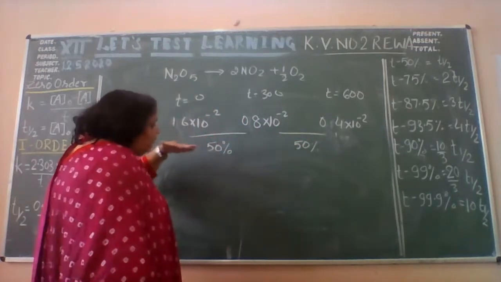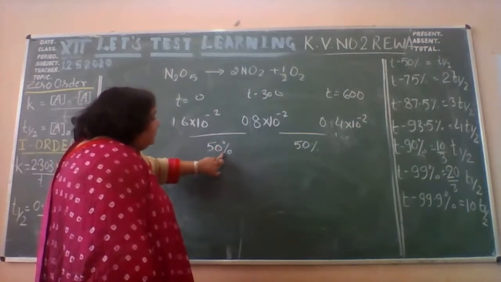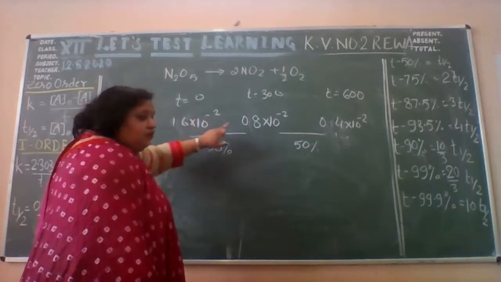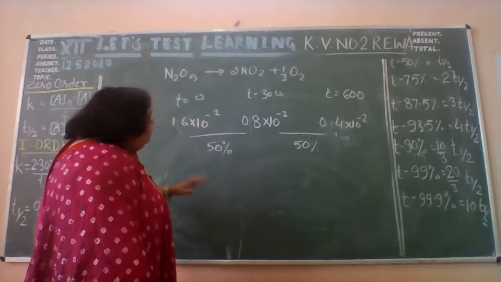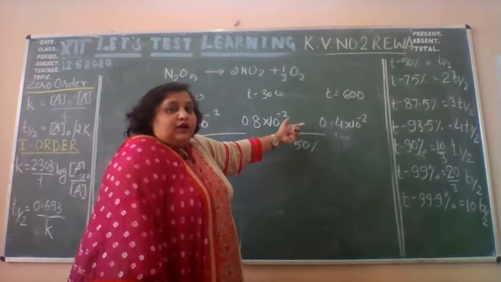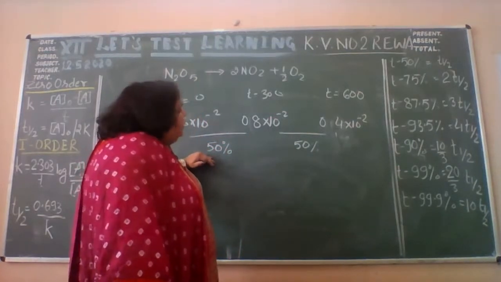Please see here, I'm regularly using the term percent, not 50, right? It's 50, volume is not used, right? How much percentage, right? Here it's 8 and here it's 4, but the percentage is same, 50% and 50%, right?